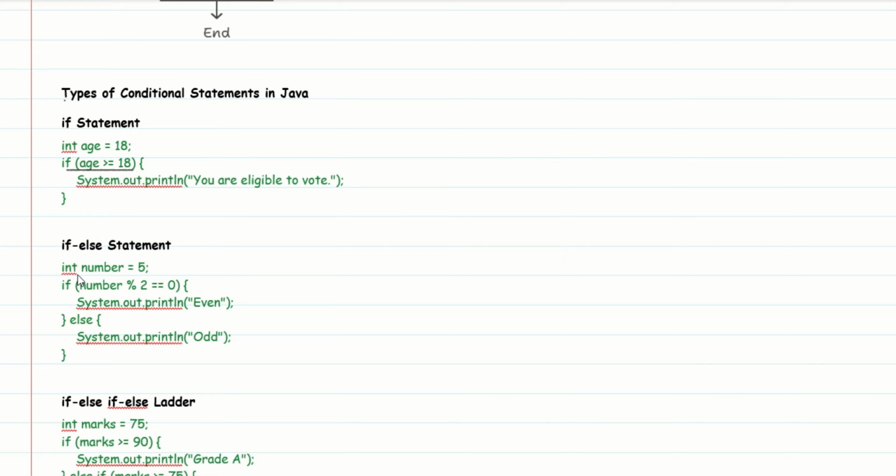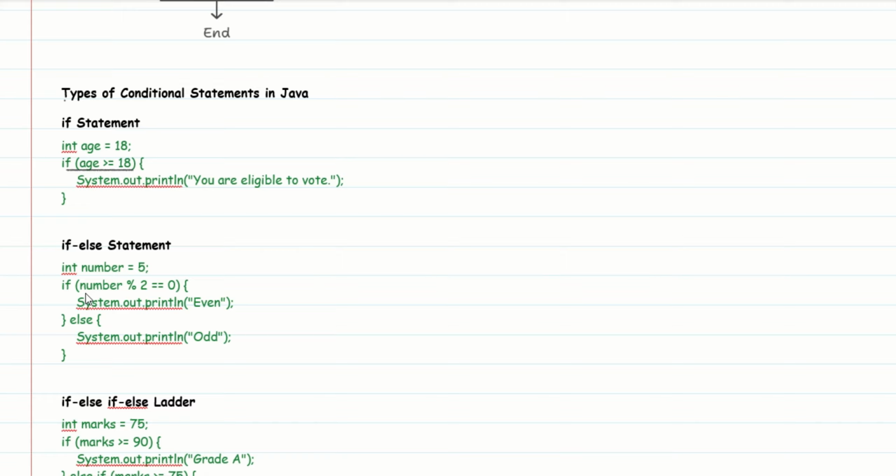In the same way, in this example I am checking whether the provided value is even or not. If a value is even, when you divide it by 2, the remainder will be 0. So I'm passing the value and checking the condition using modulus.